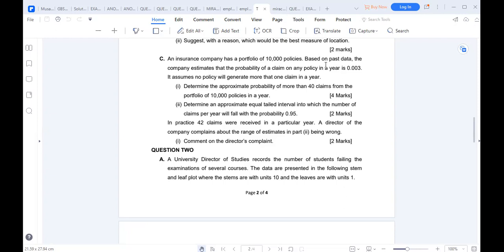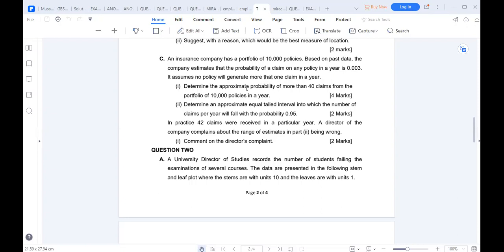So the company estimates that a policy will have a probability of 0.003. So our P is 0.003, meaning our Q will be 1 minus 0.003. Then it assumes that no policy will generate more than one claim a year.